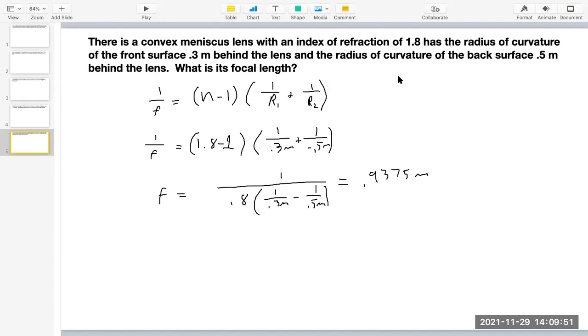So if you had a lens that looked like this and used R1 and R2 oppositely, you'd still get the same answer so long as the concave one you still counted as negative and the convex one you counted as positive. But yes, that is what I did. I called front R1 and back R2, but it doesn't really matter. Good question. Anything else on this one?